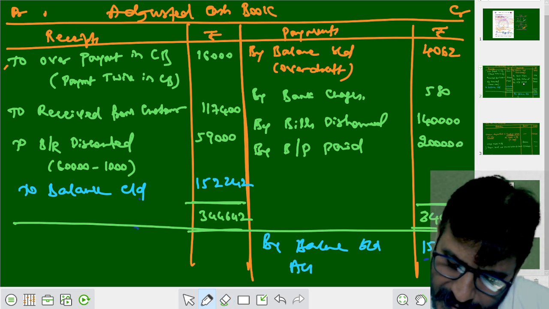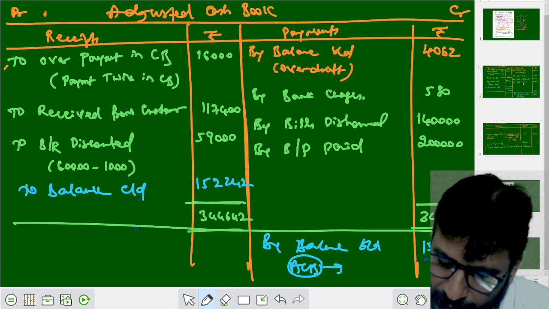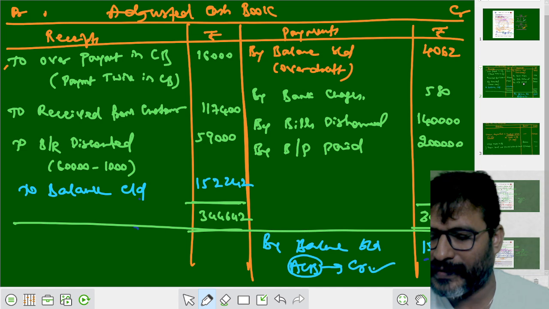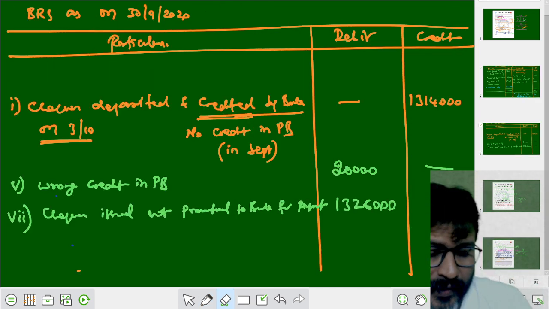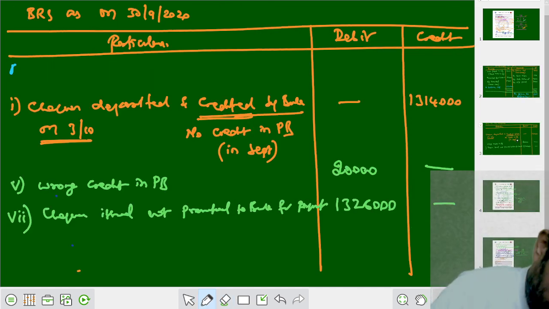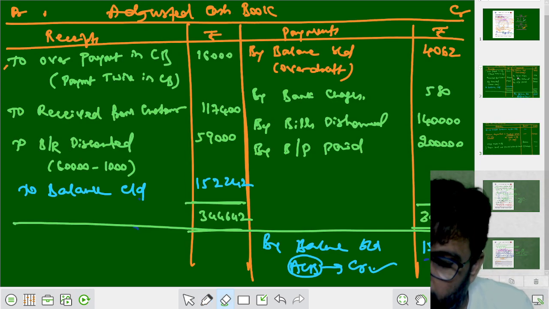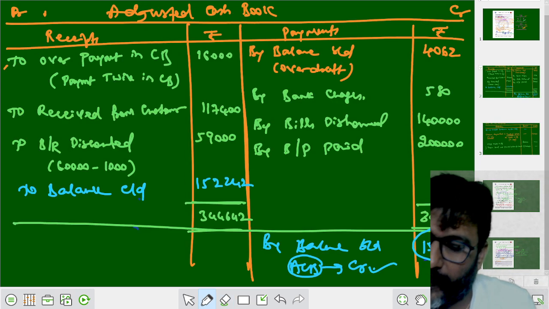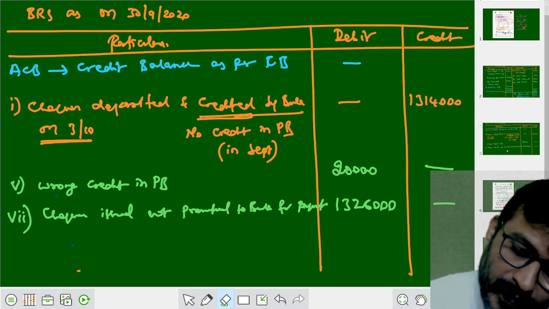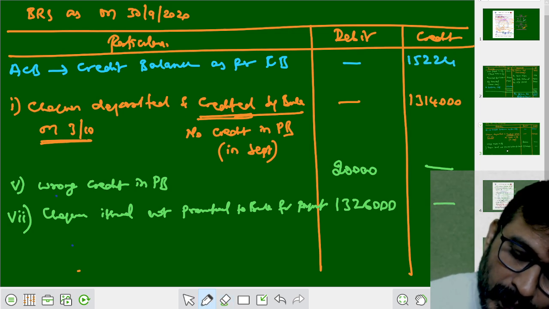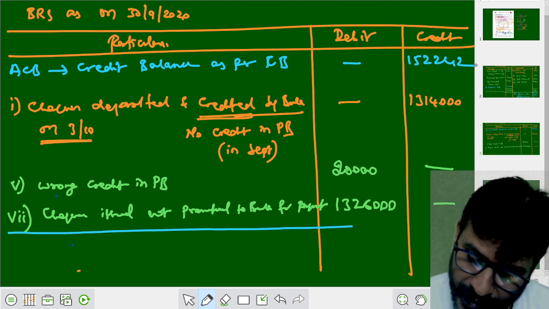What balance is it? This is an ACB. Which balance? Credit balance. Okay. So in the 4 lines you left, you have to write ACB credit balance as per cash book. How much is it? 1,52,242. Now close your BRS also.